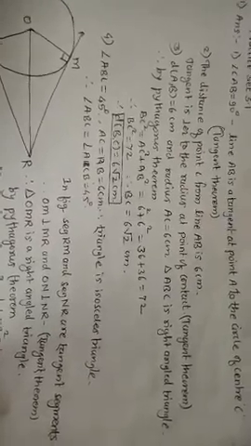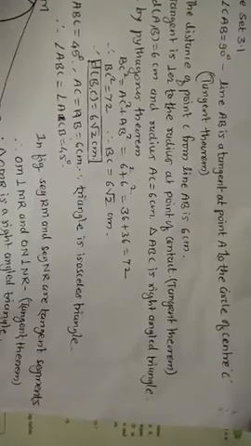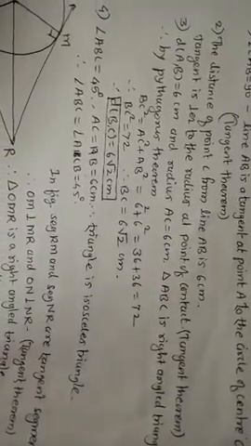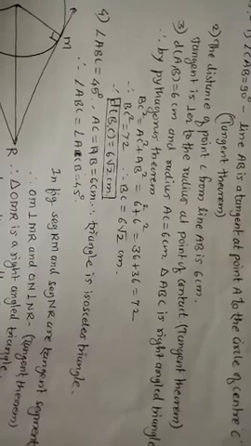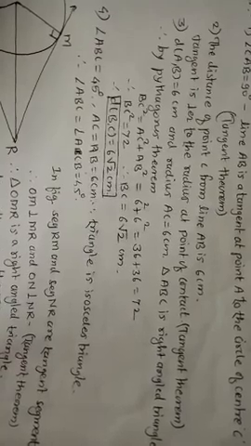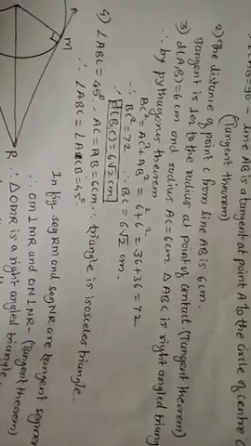Now the last one: what is the measure of angle ABC? This angle measure is 45 degrees, because in this right angle triangle both the sides AC and AB are 6 cm. Therefore this triangle is an isosceles triangle, and since two sides of the triangle are congruent, the opposite angles are also congruent.